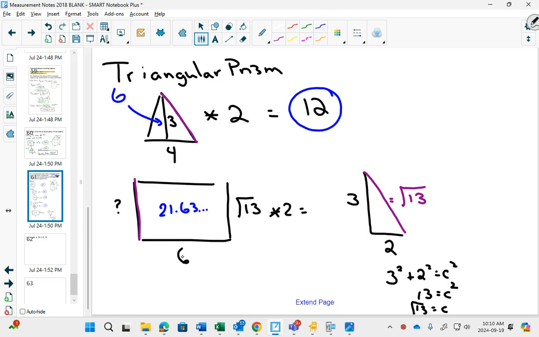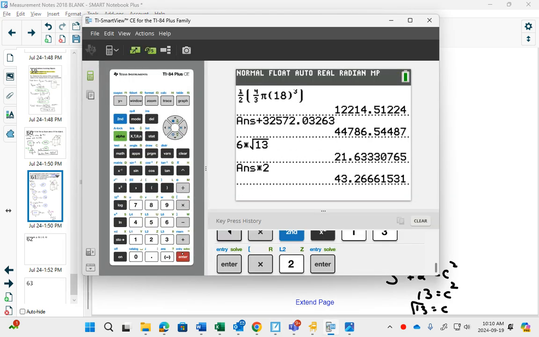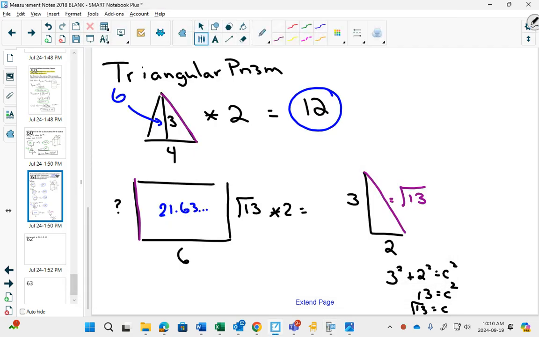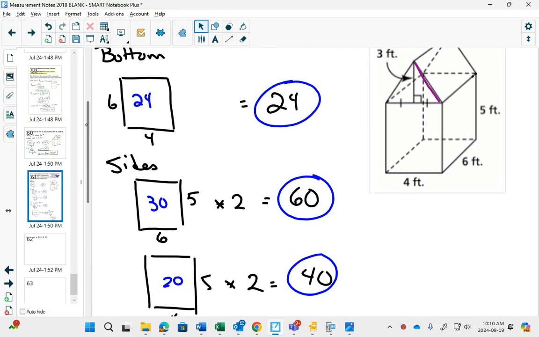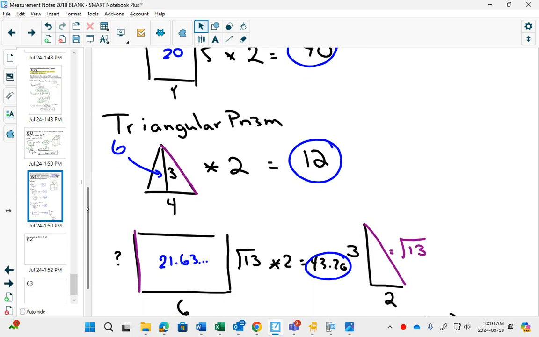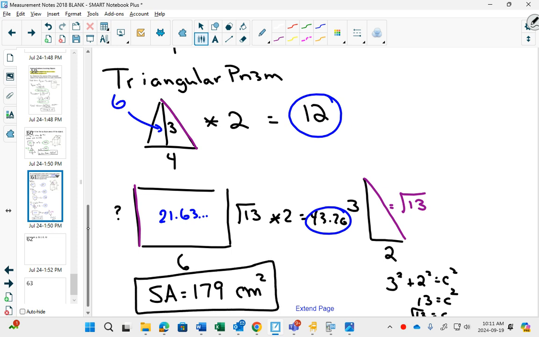We have 2 of those. $43.26. Then if I add up all my blue circle numbers together, 100, 124, 136, 179.2, if I add that all up, oh, wrong units.